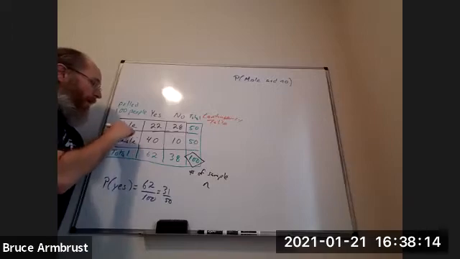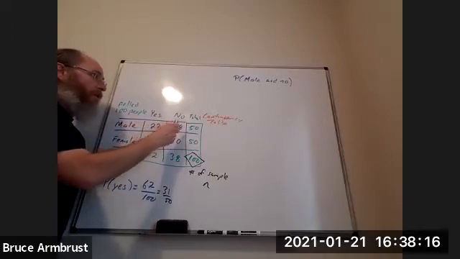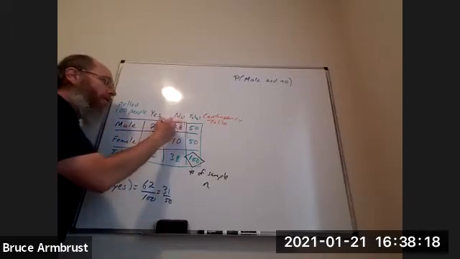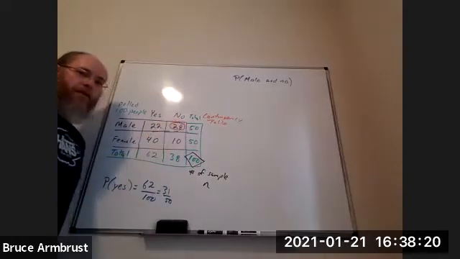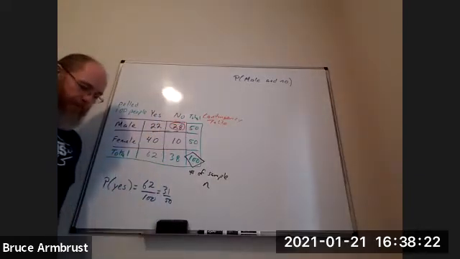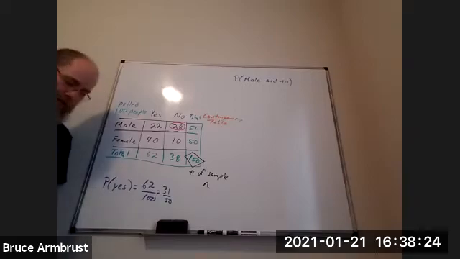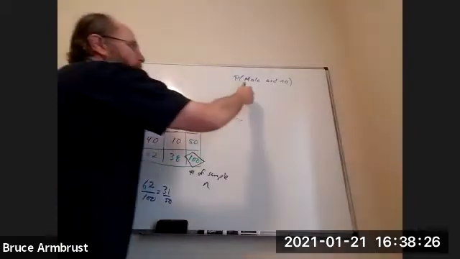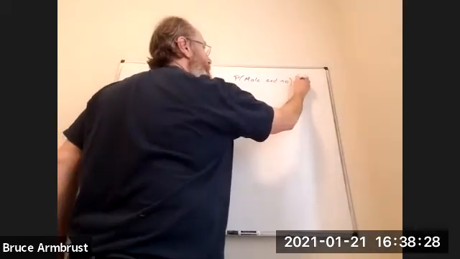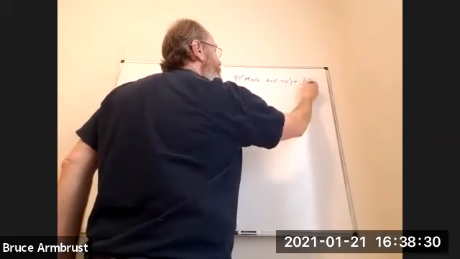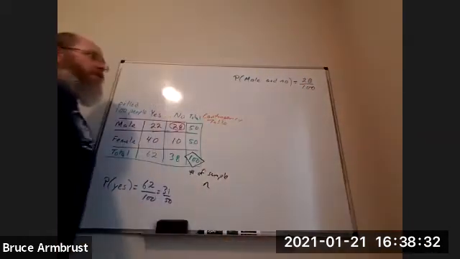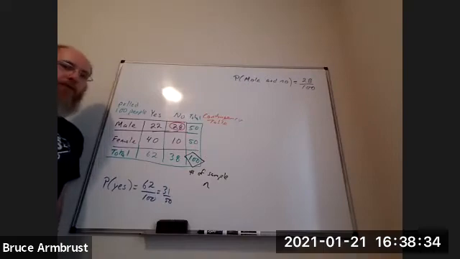The number of males who also said no is 28. So with this contingency table, we're able to recognize that the probability that this person is male and says no is 28 out of 100.